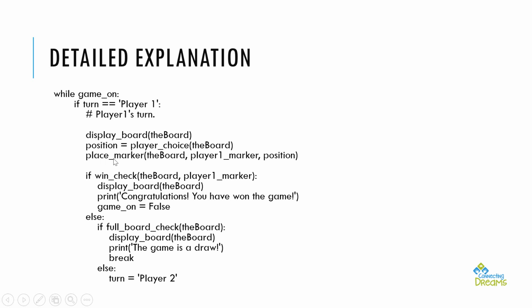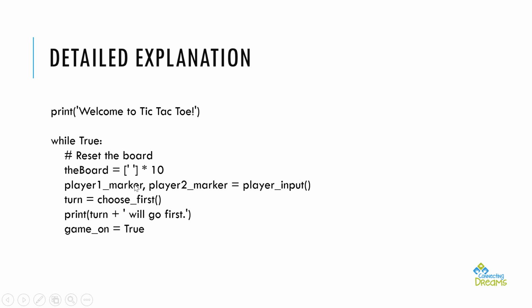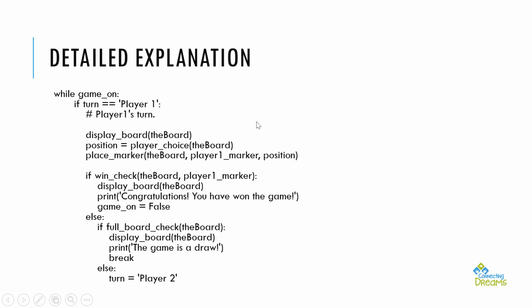Then you call another function place_marker and you pass the arguments board, player1_marker and the position. Whatever position the player has chosen is mentioned here. Then player1_marker is whatever player 1 has chosen, maybe X or O, and the board is the location exactly where the markers would be placed.